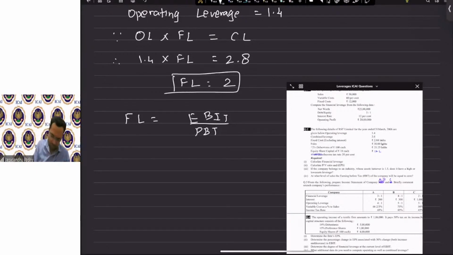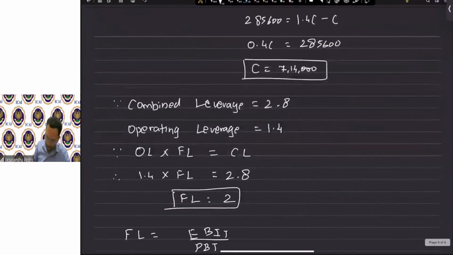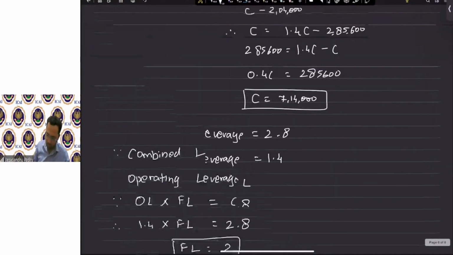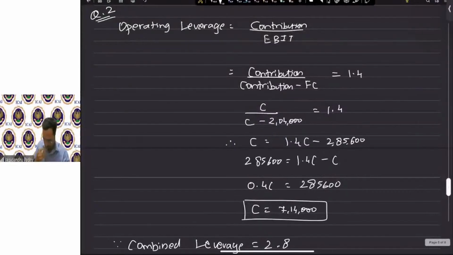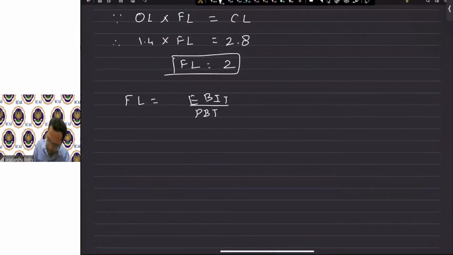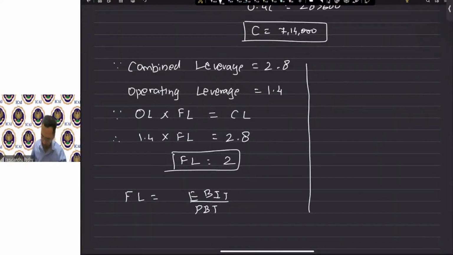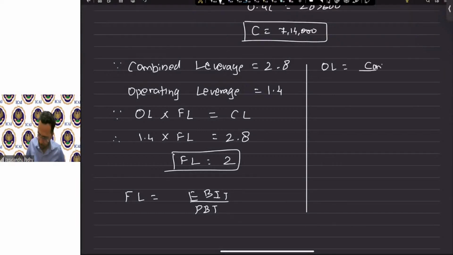We can get the interest out of it and verify it accordingly. We have the EBIT? No, we have a contribution, but let's use operating leverage is contribution upon EBIT.